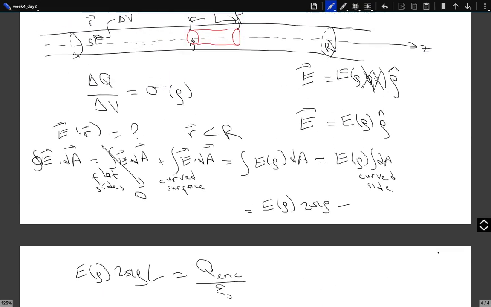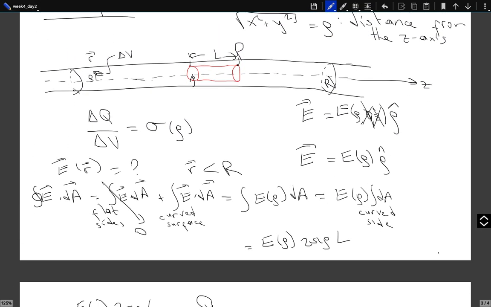Well, let's go back and go over our computations. If we are at a point outside the wire, will the electric field still have this form? This will not change. If that doesn't change, none of the calculations here will change.